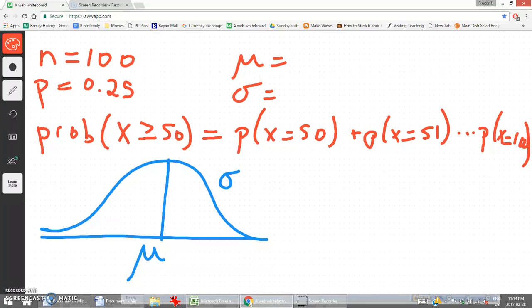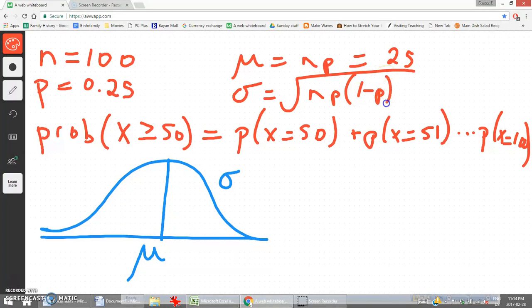We know that the average or expected value of a binomial is n times p, so this would be 100 times 0.25, or the expected value of this binomial is 25. The standard deviation of a binomial is the square root of n times p times 1 minus p. So we know that n is 100, p is 0.25, 1 minus p will be 0.75.